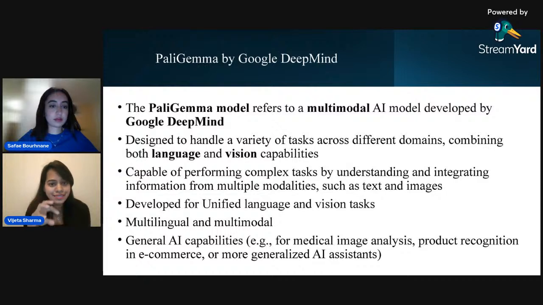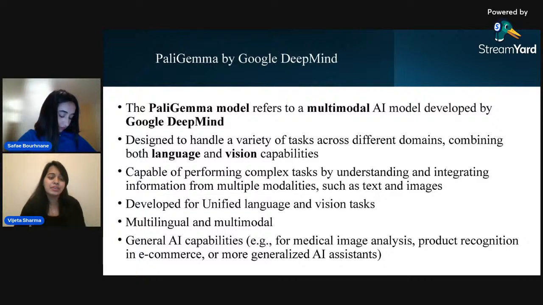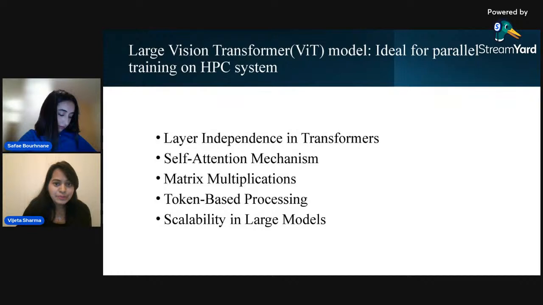I gave this idea of the current state of the art models because the researchers in the audience who know what is happening in large language model research and what the available models are can also train and use them. So this is just an example.